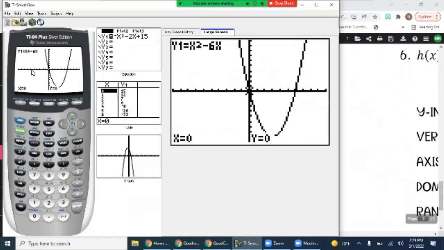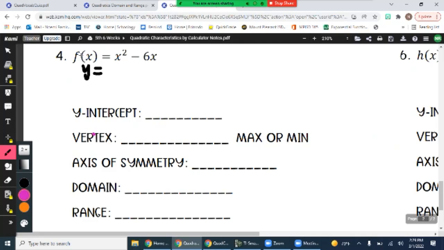Press trace. When you press trace, you can see that equation that you typed into the y equals, but the bottom 2 numbers give you the x and the y value of the y-intercept. So let's go ahead and write that one down. 0, 0. I told you guys that you could also get the y-intercept from your equation, but I don't see a 0 here.